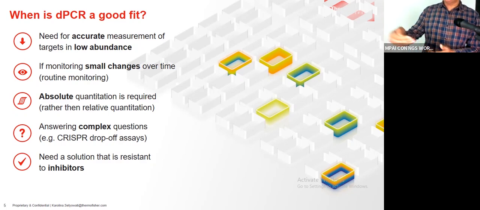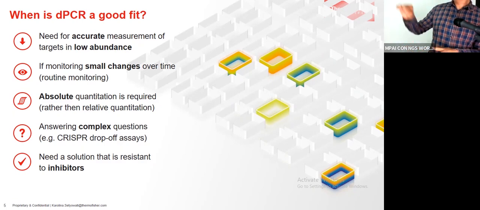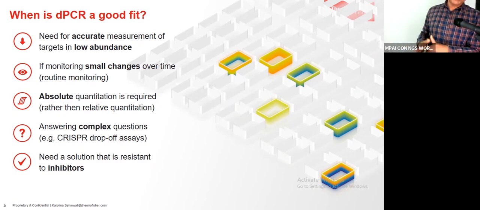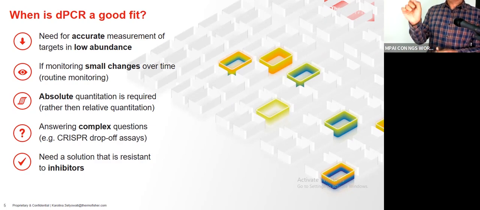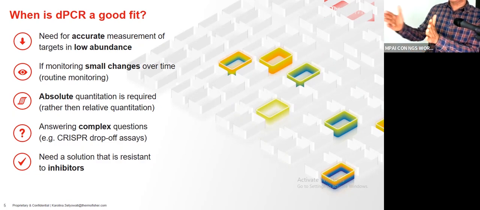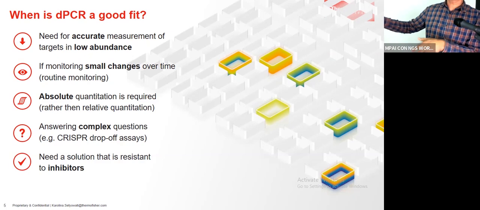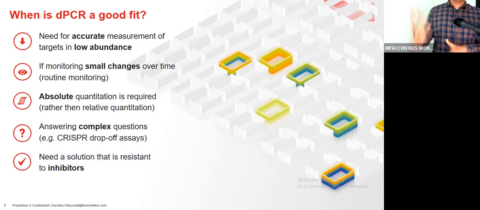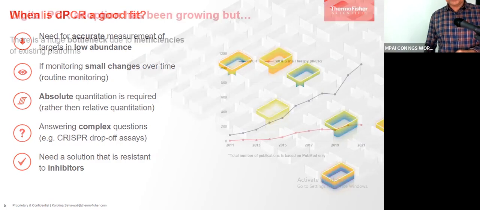Sometimes we want to determine abundance from those samples. When asking complex questions, for example CRISPR-Cas9, in qPCR the inhibitors might not give you signals. Digital PCR is better than qPCR because, through compartmentalization, we can remove the inhibitors and get the signals. So these are the different areas where you can apply digital PCR.